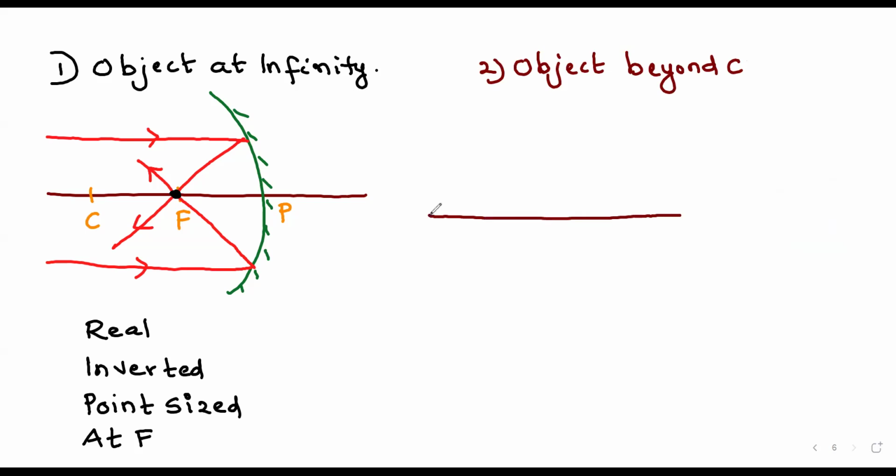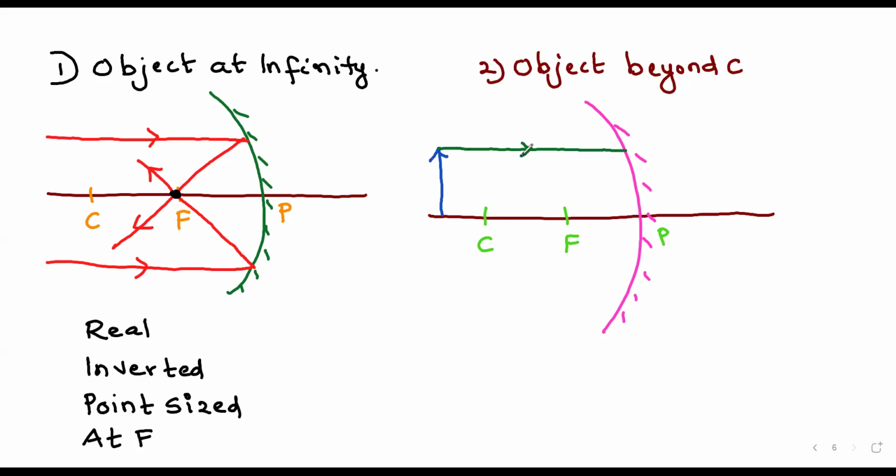So principal axis, mirror, mark all the points P, focus, and C. You take the object beyond C. So what are the major rays, children? Parallel ray. We have been told to take the first two rays. Parallel through focus. What is the second ray? Through focus, it goes parallel.